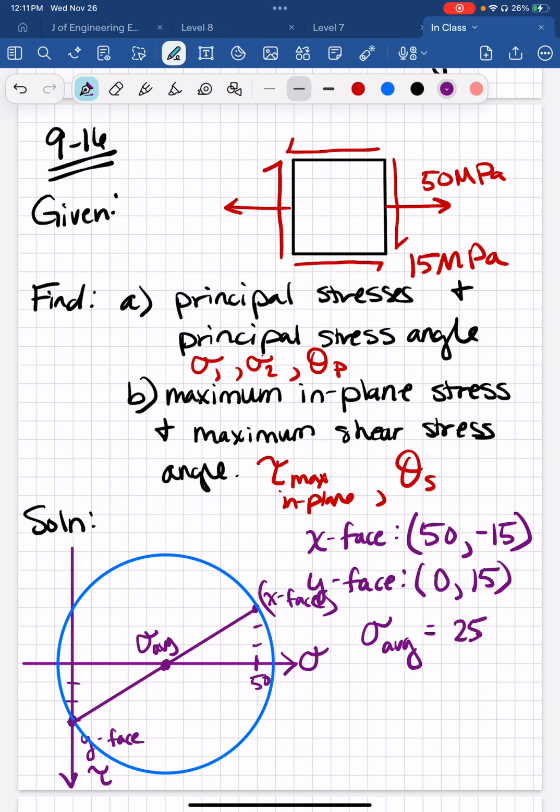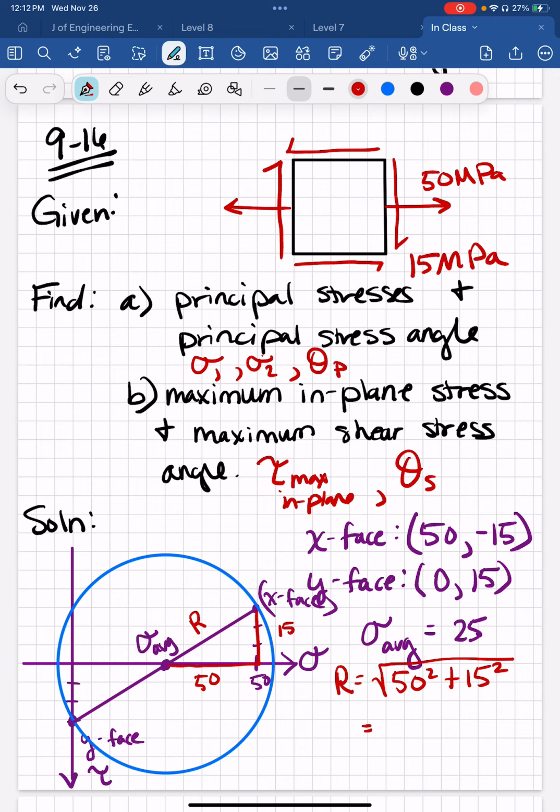We need to find those principal stresses, so we need to find what that radius is. Let's use a different color. So R here, we know this bottom piece is 50, and this here is 15. So R is just going to equal the square root of 50 squared plus 15 squared.